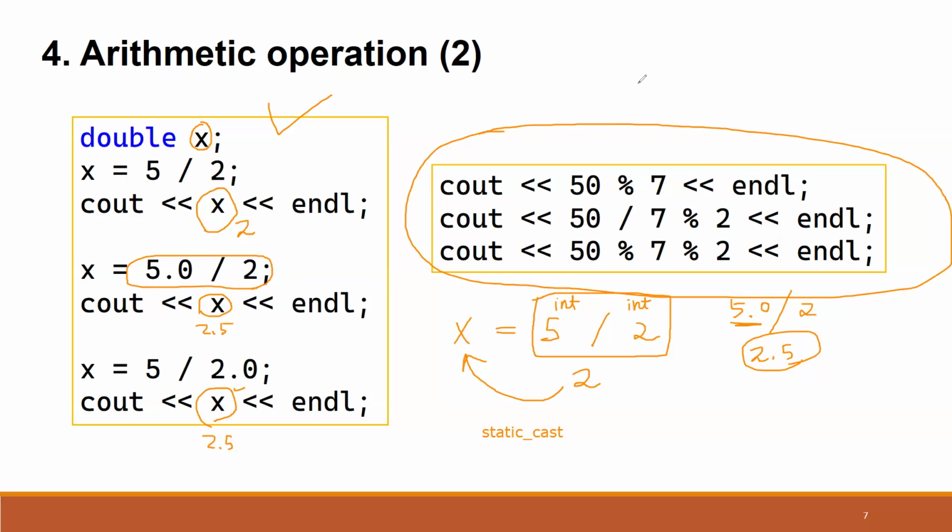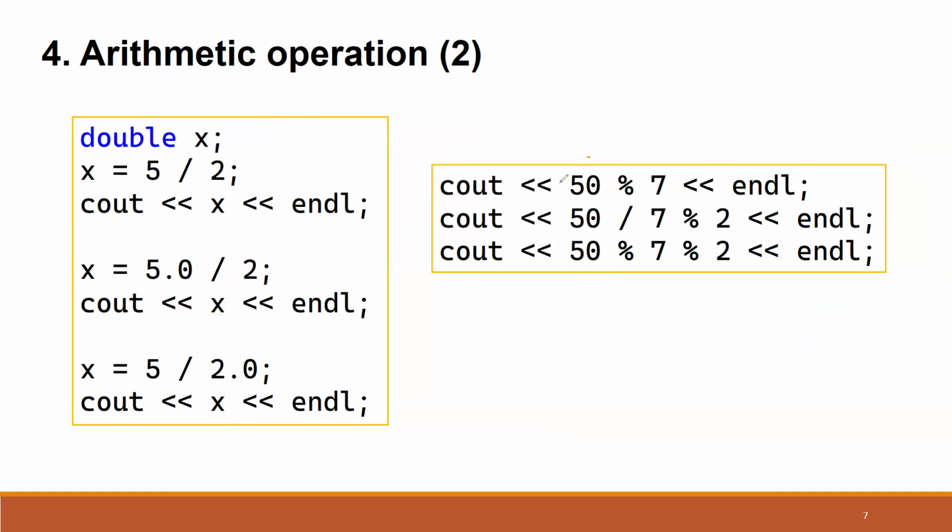Yeah, I think it is 111. You understand the remainder operator, right? Let's think about it together. If you divide 50 by 7, then 7 is the quotient and 1 is the remainder. So this is 1.